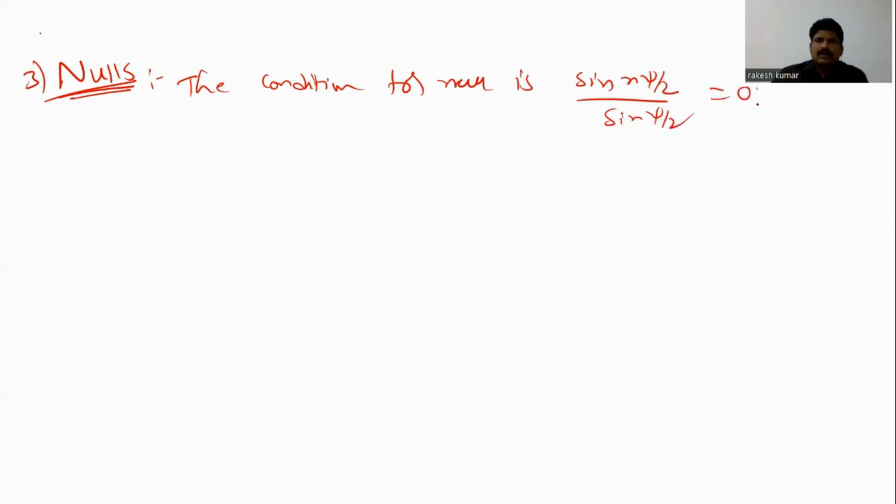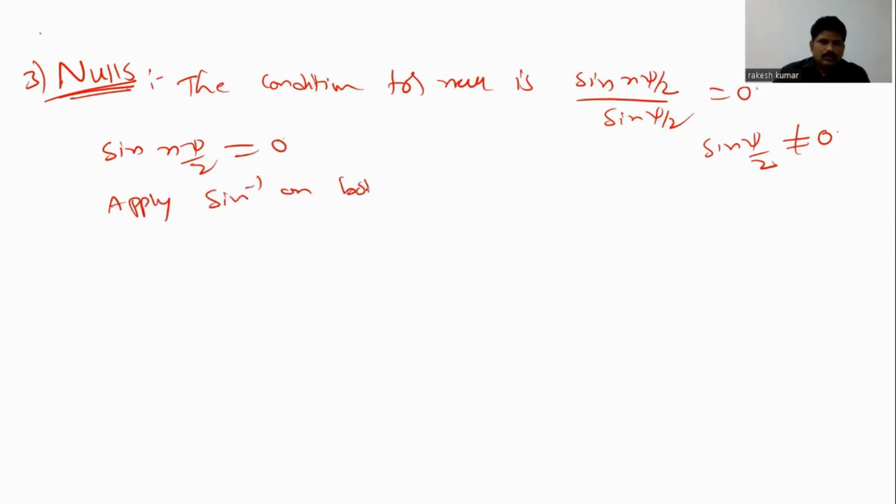So n psi by 2 is equal to 0, applying sin on both sides.